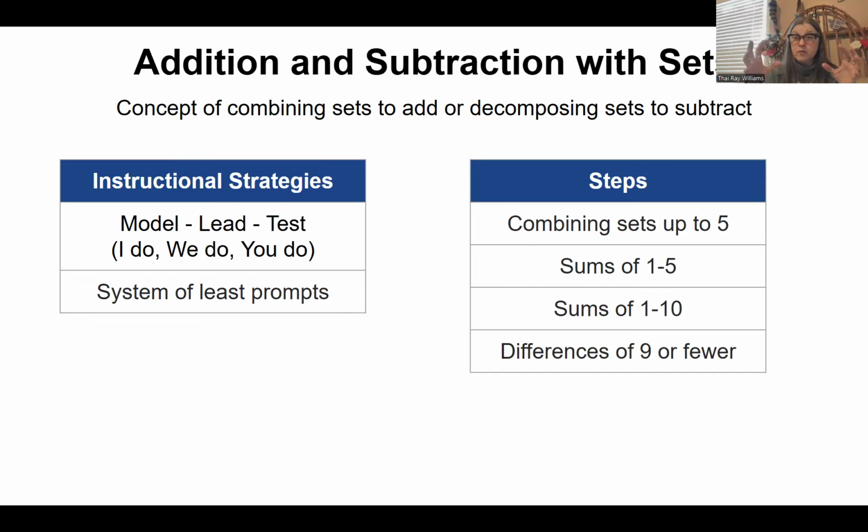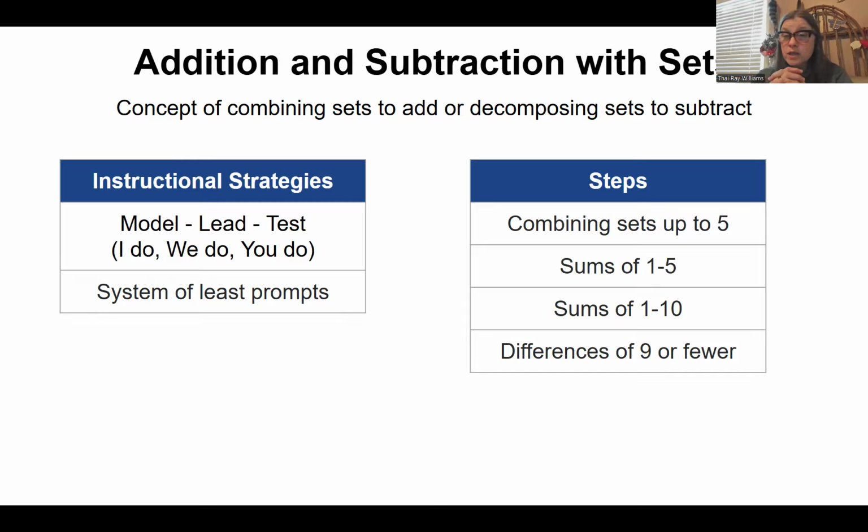We would make a set of 1. We would combine them. We would count our total. Our total would be 4. And then we would write that 4 right in our equation, or we would tell someone. So in that one, we are actually working in addition. The first one, we're combining sets without an equation. The second one, we are actually working on addition where we have that equation.